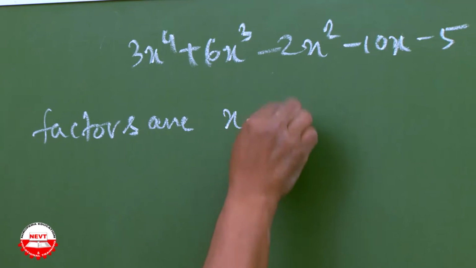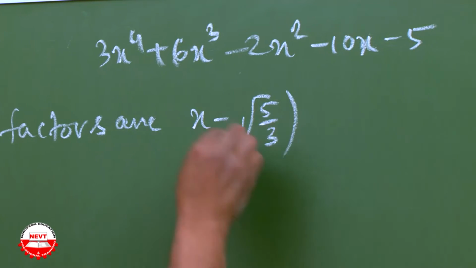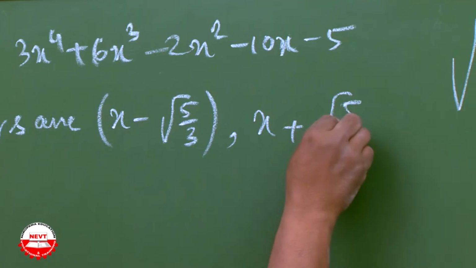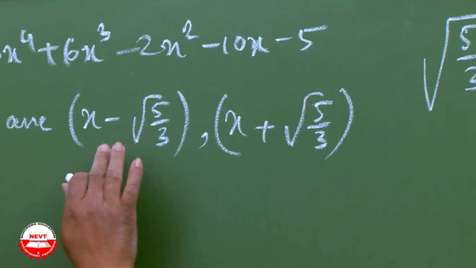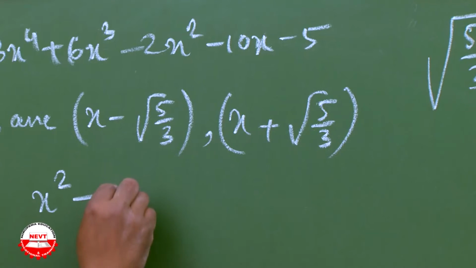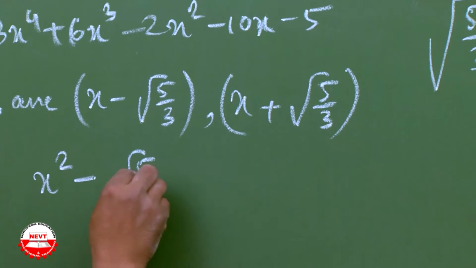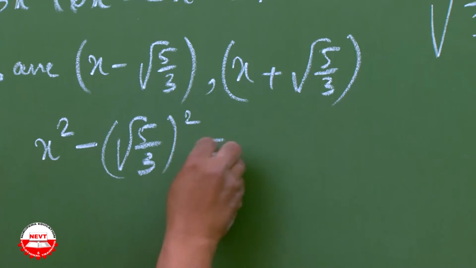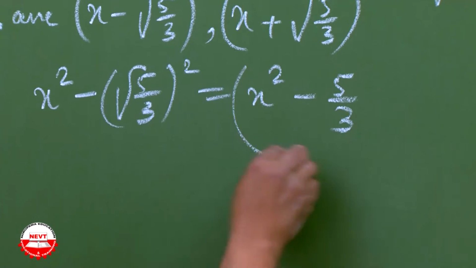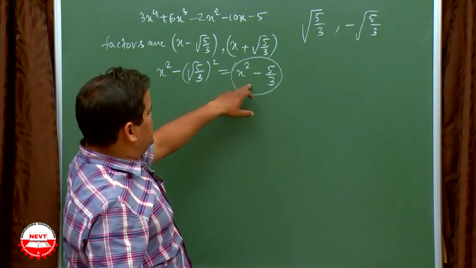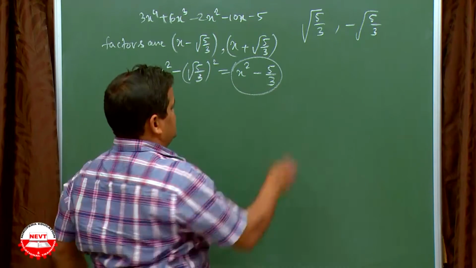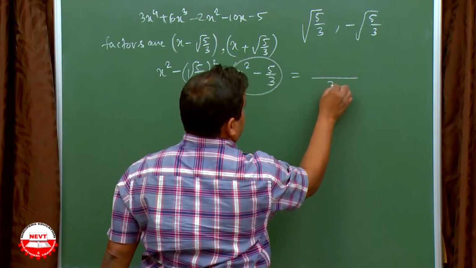x − √5/3 is one factor. Another factor is x + √5/3. When you multiply these two, you get x² − (√5/3)², which means x² − 5/3. This is the factor. You can directly divide with this, or simplify it again, taking 3 as the LCM.